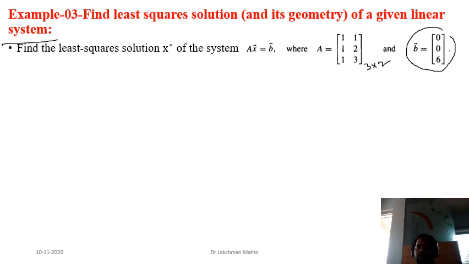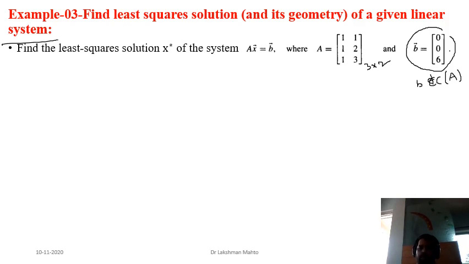Easily you can see that B is not in the column space of A. So this system is inconsistent, meaning it has no exact solution, and you have to look for the least square solution.